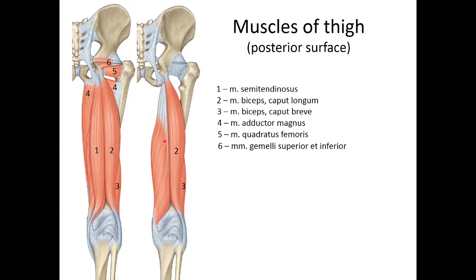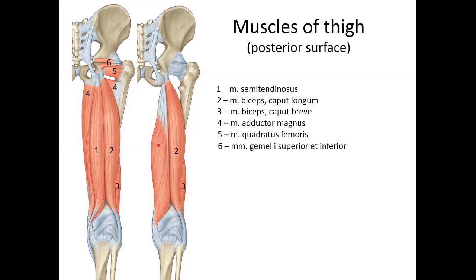And now another picture in which all these muscles were cut and removed. So musculus number 1, semitendinosus, was also cut and removed.